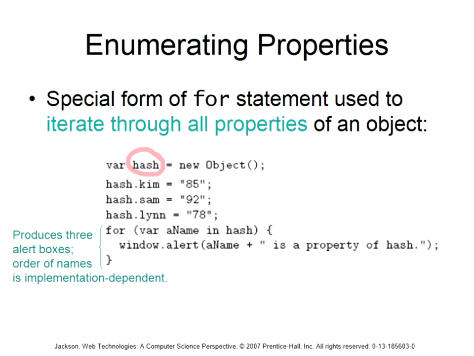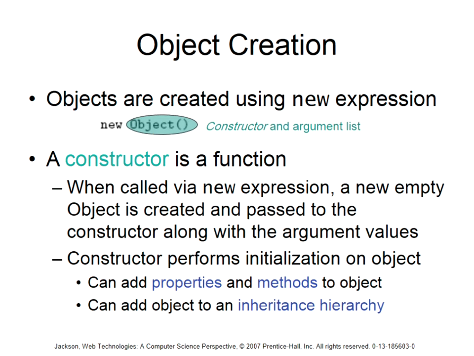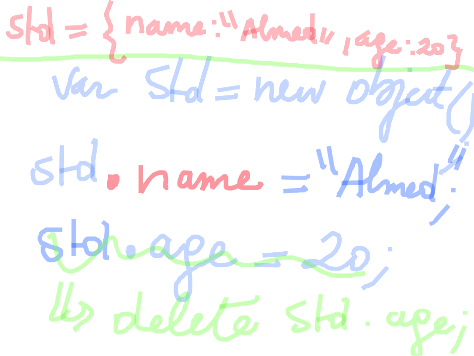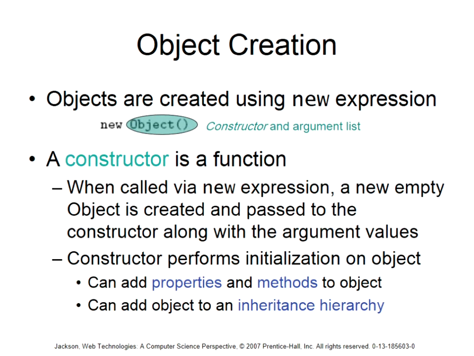This is the first manner, and this one is the second manner. So I can create this object by 2 manners, using new Object or using the second manner.